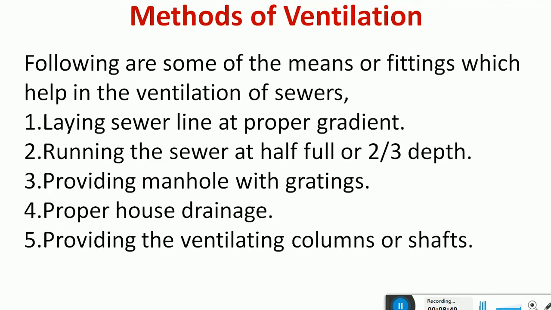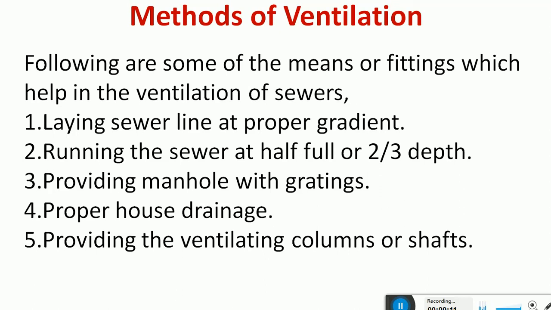We should also have a good house drainage system. In other words, we should maintain proper plumbing in our houses, to avoid the odor problems associated with the decomposing gases.